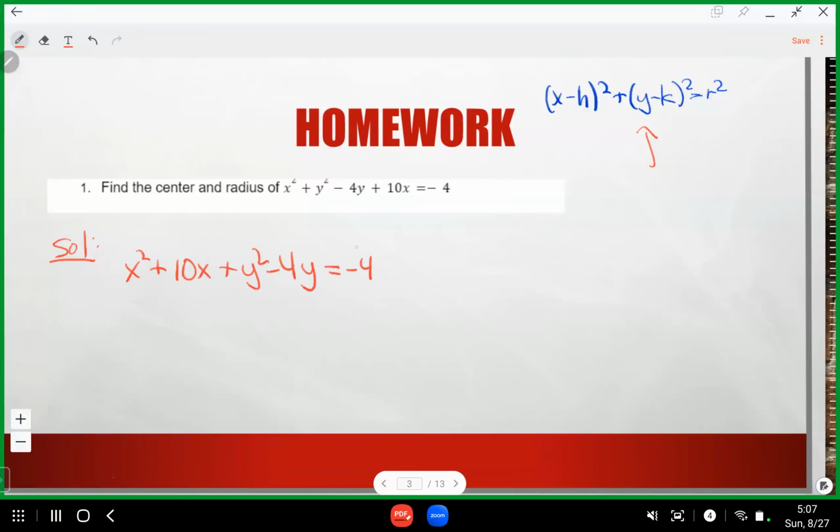And after that, we have to complete the square. So, in order to complete the square for the x squared plus 10x, we have to add a 25. So, x squared plus 10x plus 25 plus y squared minus 4y plus 4. And we have to add 25 and add the 4 to both sides, so it is equal to 25.